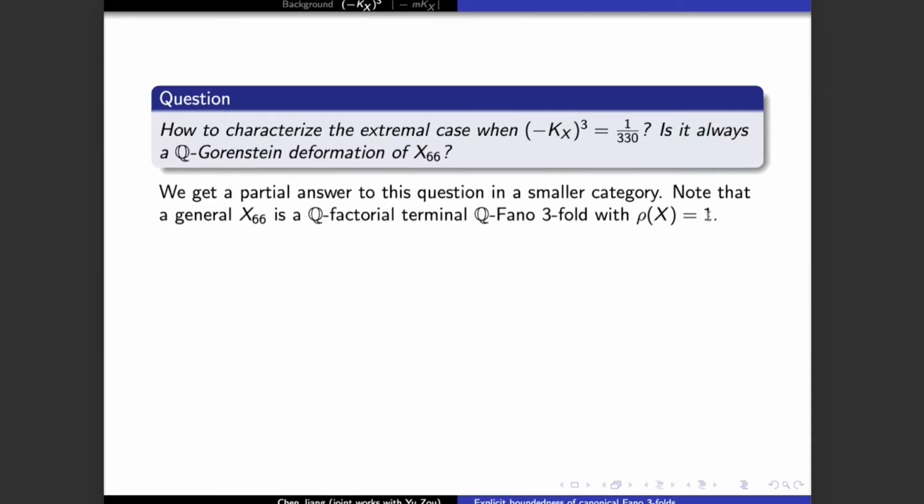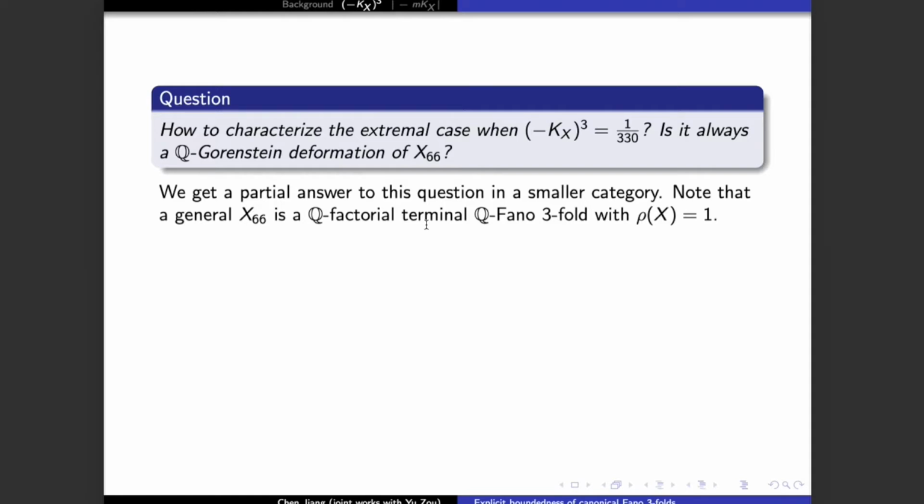So in a smaller category, where I just consider Q-factorial terminal Q-Fano threefolds with Picard number 1. Of course, we know that this is also a very important class of Fano threefolds, right? It belongs to the category of Mori fiber spaces. And also we know that any general hypersurface of this kind satisfies this condition.